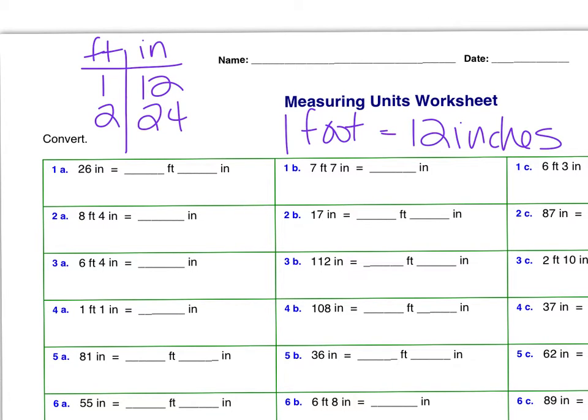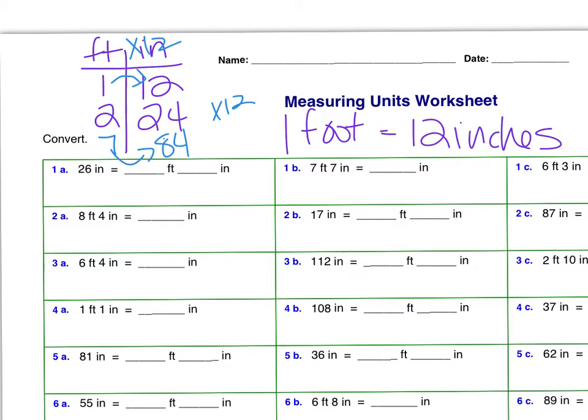So for example, if I needed to know how many inches there were in 7 feet, I would think, well, to get from 1 to 12, I had to multiply by 12. So to get from 7 feet to inches, I would multiply by 12. And 7 times 12 is 84.